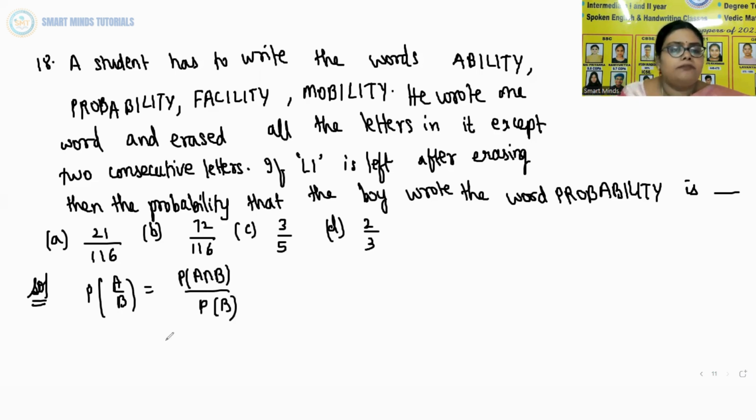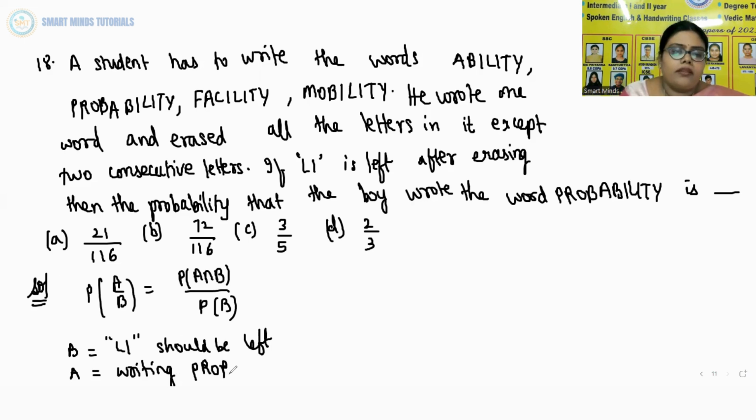This is the formula. Let us say B is an event that Li should be left and A is an event of writing the word probability. We are taking two events here, because these are the two cases given in the question. Now what is A intersection B, which should match both the cases?